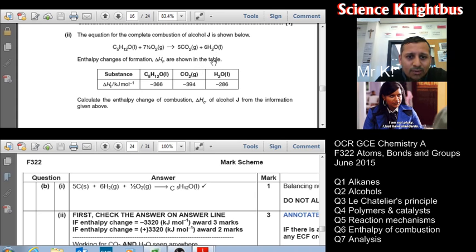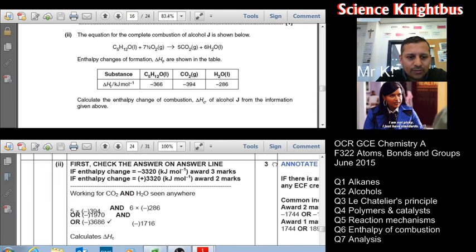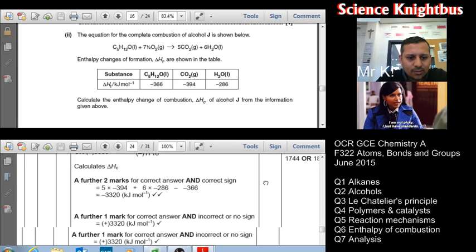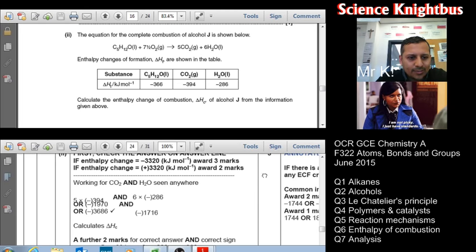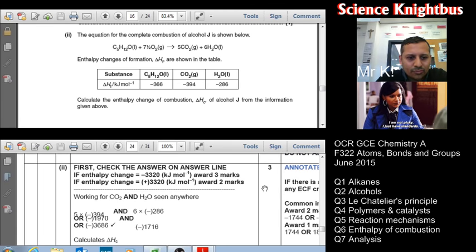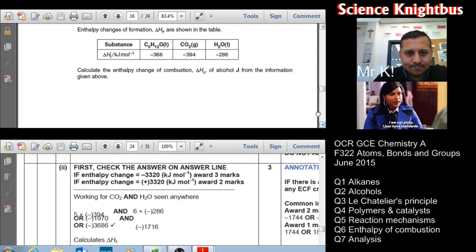This one is minus 286 times 6. So in total, you've got plus 366 plus 5 times minus 394 plus 6 times minus 286, and that should give you your answer. You should work it out to be minus 3322. Minus 3320 kilojoules per mole.